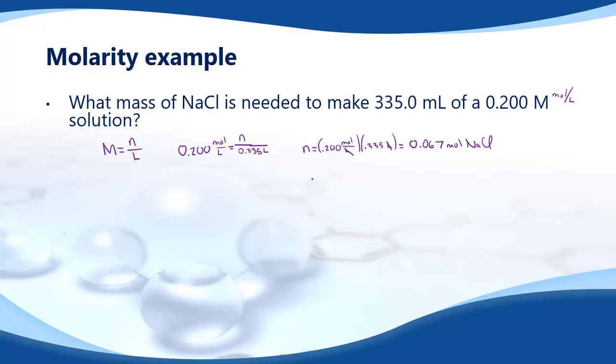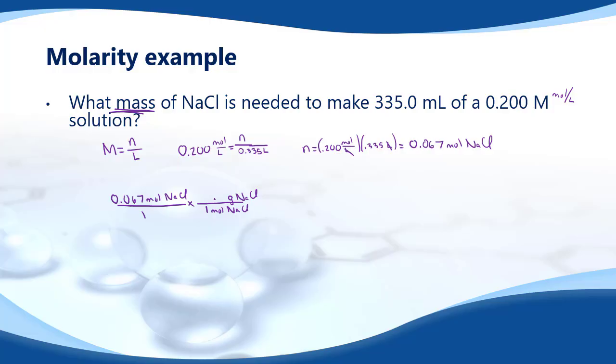But I didn't ask for moles, did I? I asked for mass. I want grams. So now we just have to do a mole conversion. 0.067 moles of NaCl over 1. If we're going from moles to grams, we're going to put moles on the bottom, so 1 mole of NaCl. I'm going to want its molar mass on the top.